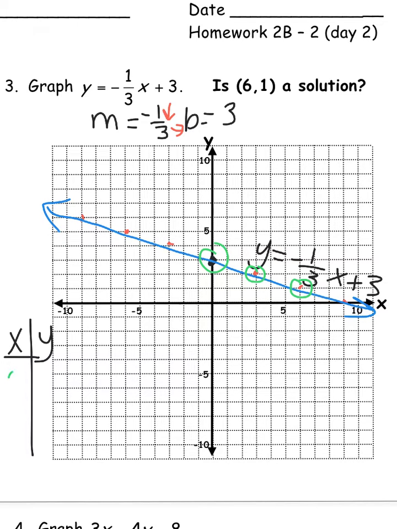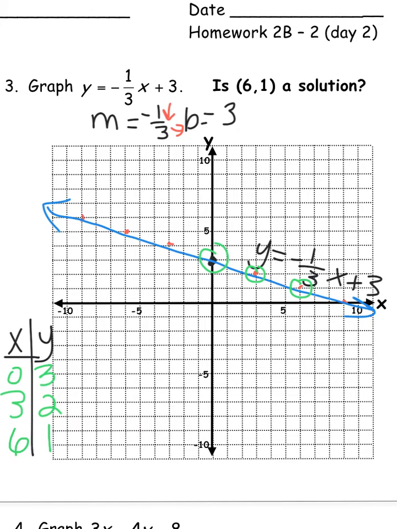That is 0, 3. Then I have positive 3, 2. And then I have over here, over 6, up 1. Those are my points. This is my line.